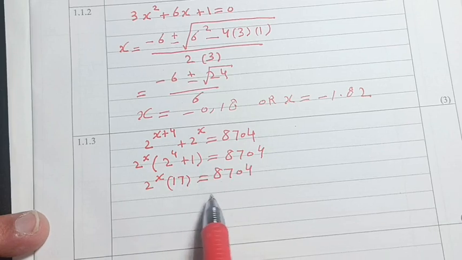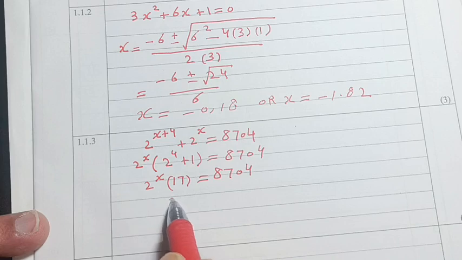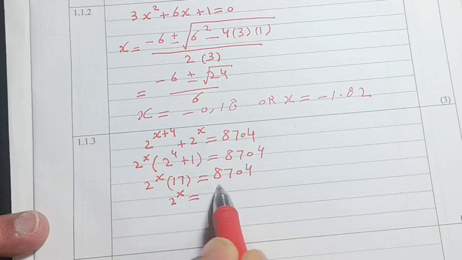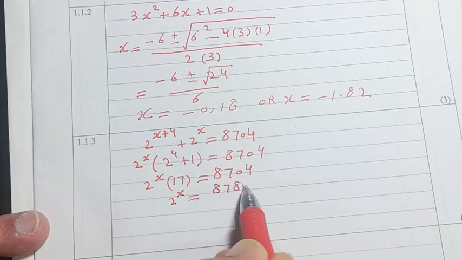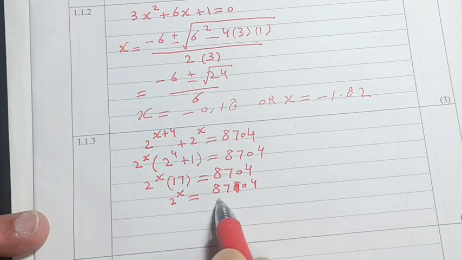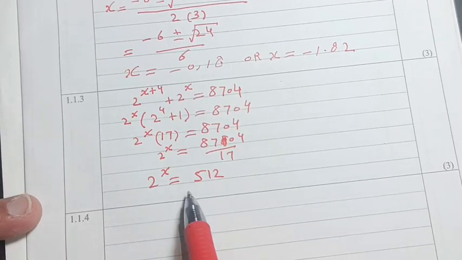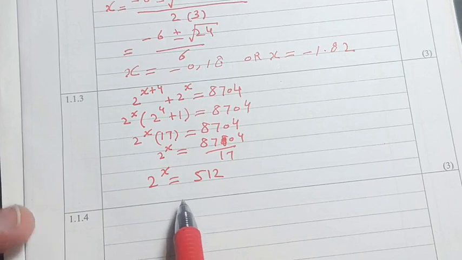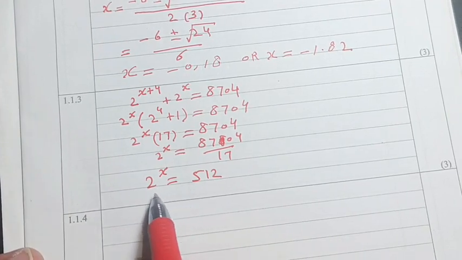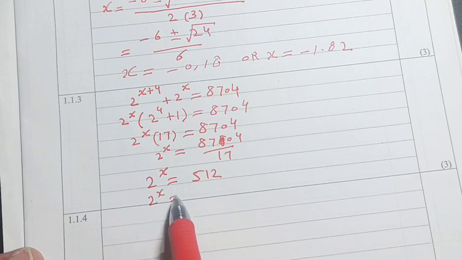Now I'm going to divide both sides by 17, so 2 to the power x equals 8704 divided by 17, and the answer is 512. From here I can apply the log, or I can apply the exponents. Let's do both ways. 2 to the power x is going to be 2 to the power 9.